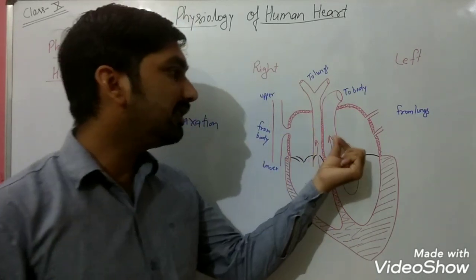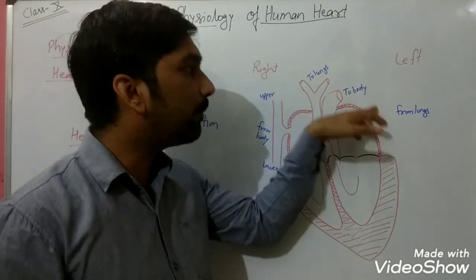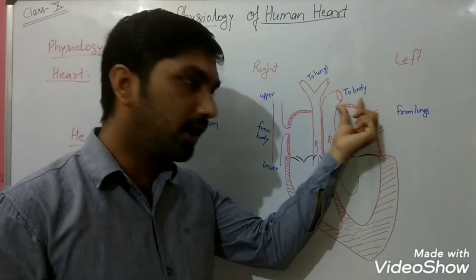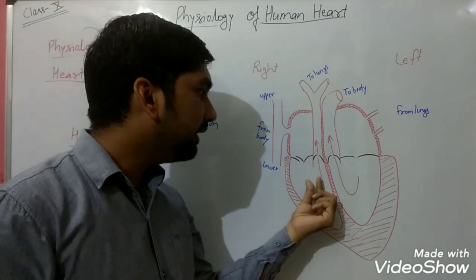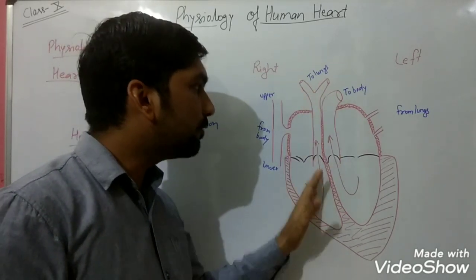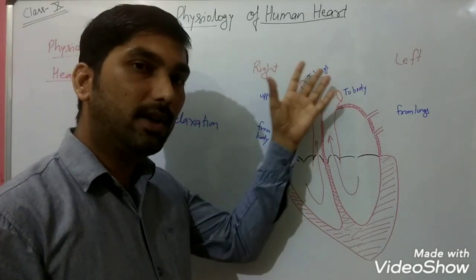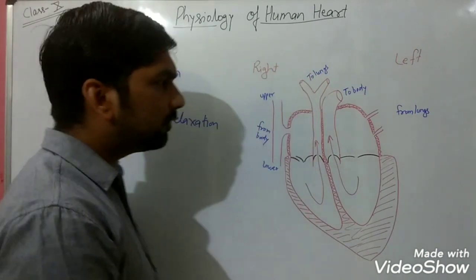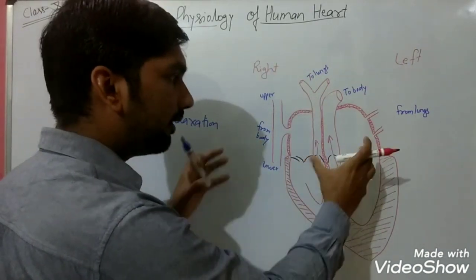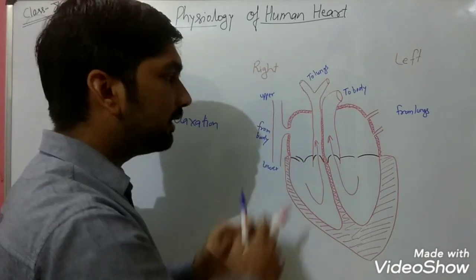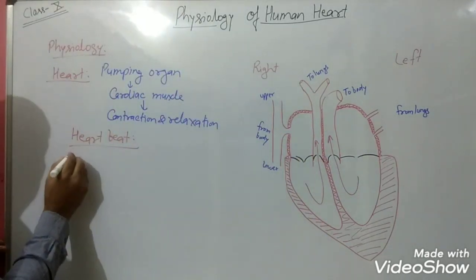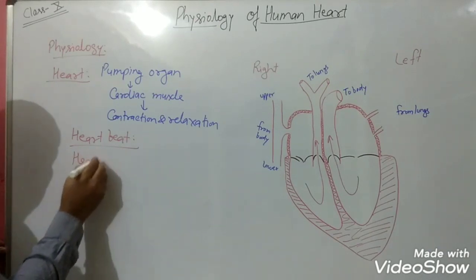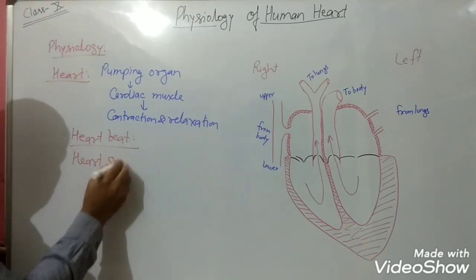This is the main artery, the aorta, which is going to supply the blood to the whole body other than the lungs, and this is the pulmonary artery which is going to provide the blood to the lungs. So this is the contraction and relaxation of heart. One more topic is there, that is known as heart sound.